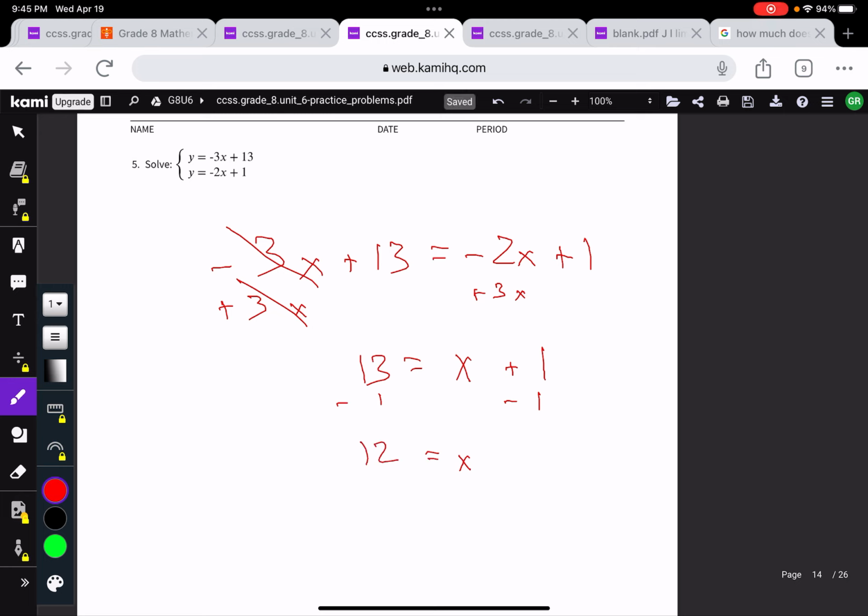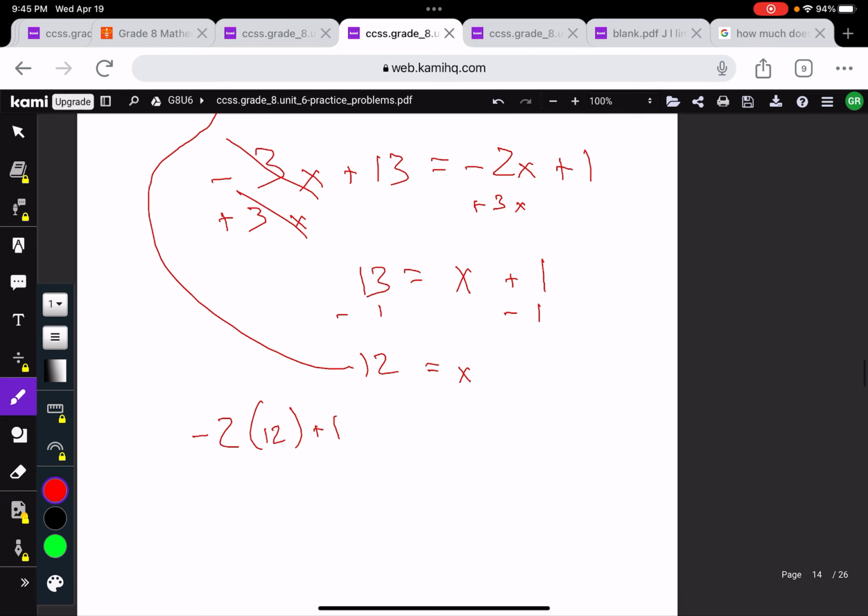Not really. A lot of us always quit there. But we also have to figure out, what does y equal? I got to plug this 12 anywhere. I can plug into that one or the bottom one. It looks a little easier. That means I got to do negative 2 times 12 plus 1. That's what y equals.